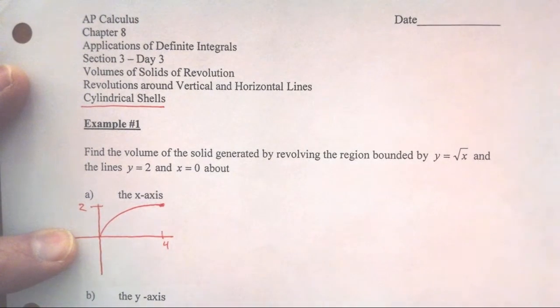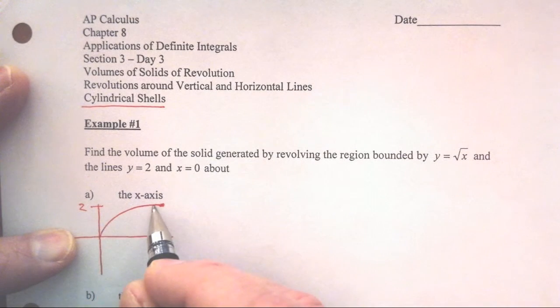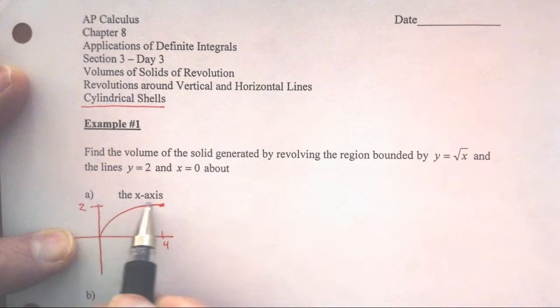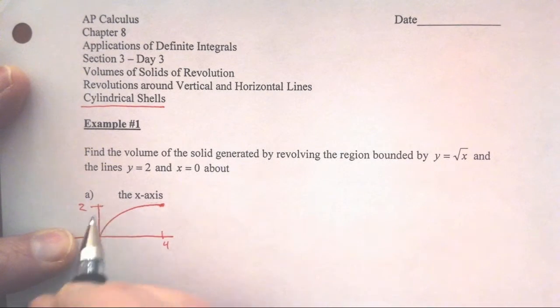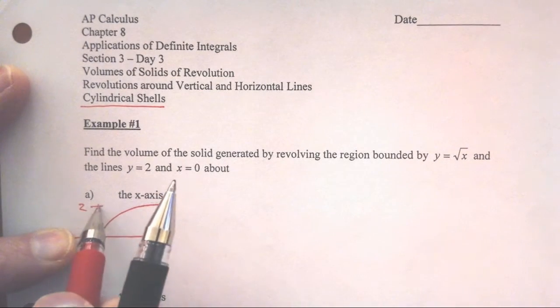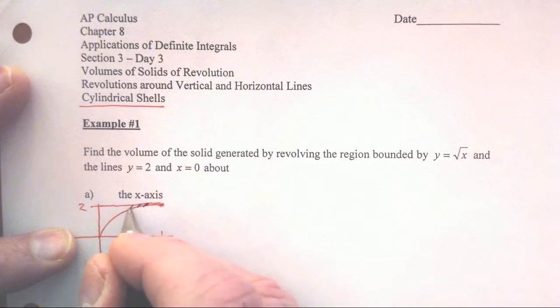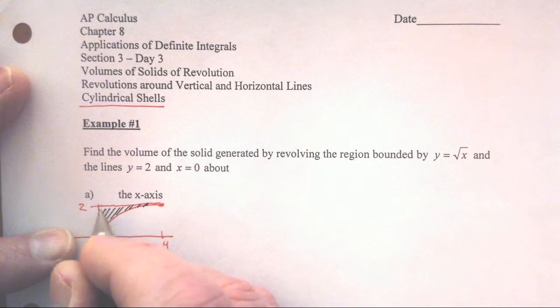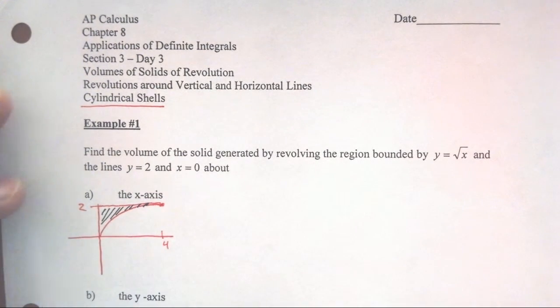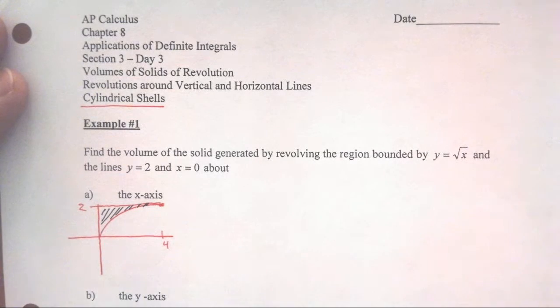So we are bound by this curve, we're also bound by y equals 2, and we're bound by x equals 0. So we are dealing with this area. Okay, so now we're going to rotate that about the x-axis, which means we're going to end up down here.